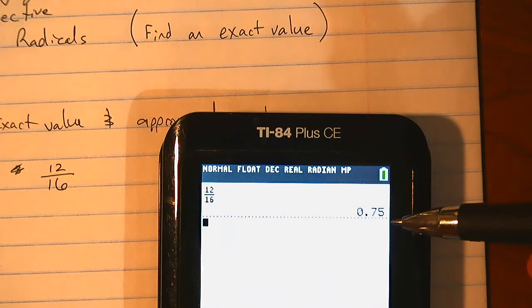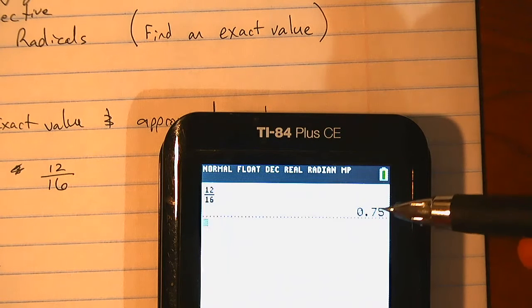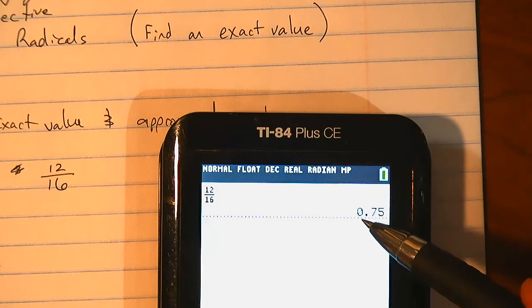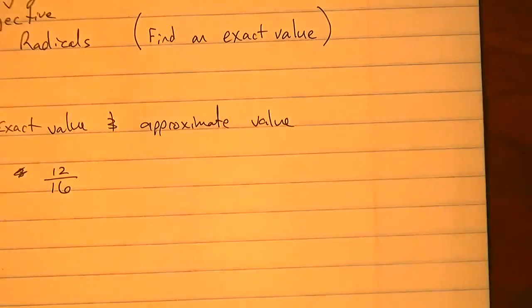Now, you know from previous math classes all the way back to elementary school, that's something I could round off. That's approximately the same as 0.8 if I want to round it to the 10th place. I could even round it to the ones place and say it's approximately the same as 1. I could round those things off, but they're not exactly equal.